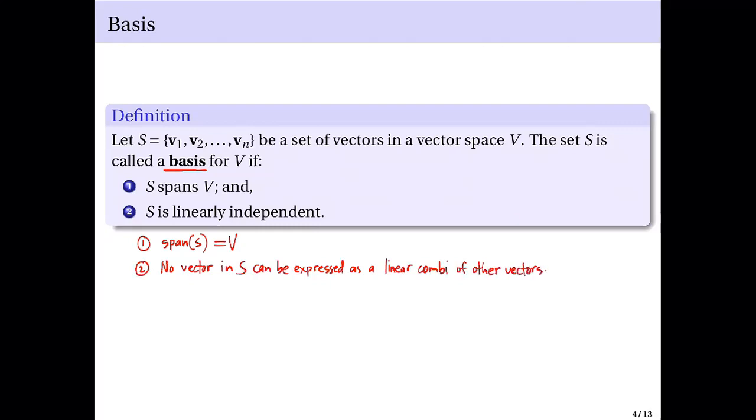And we have a theorem regarding that. S is linearly independent if and only if K1 V1 plus until Kn Vn equals 0 implies K1 equals 0, K2 equals 0 until Kn equals 0.